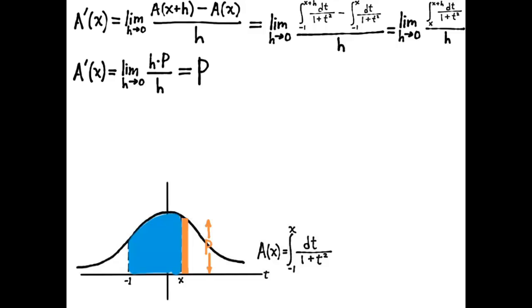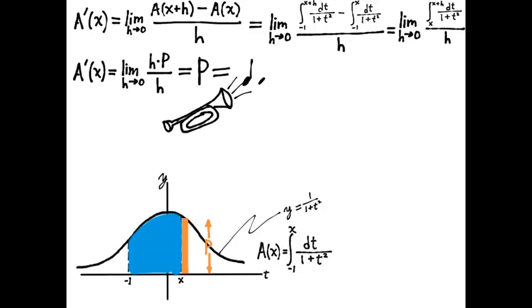P is found by looking at the y-coordinate of this curve, and this curve is y equals 1 over 1 plus t squared. At what value of t? It's t equals x. So p is actually equal to 1 over 1 plus x squared. And we have found the derivative of a of x. It turns out that the derivative of a of x is 1 over 1 plus x squared.